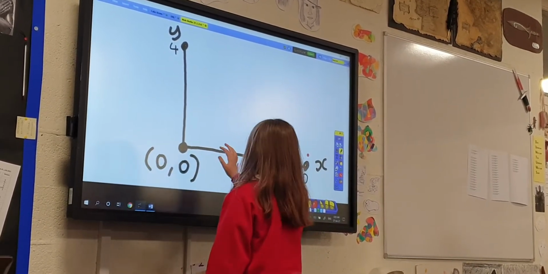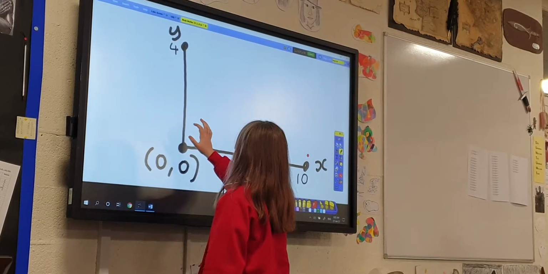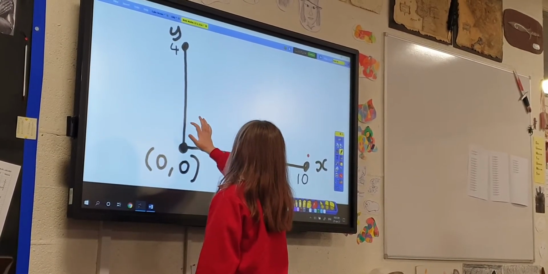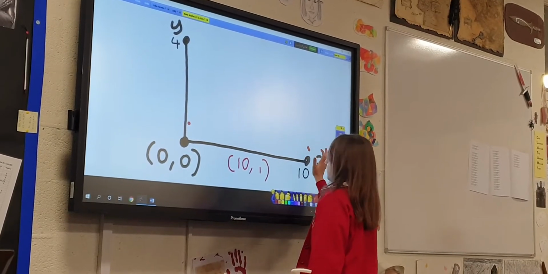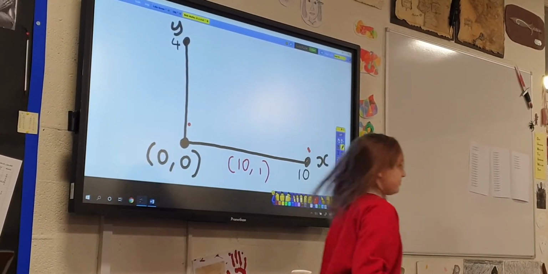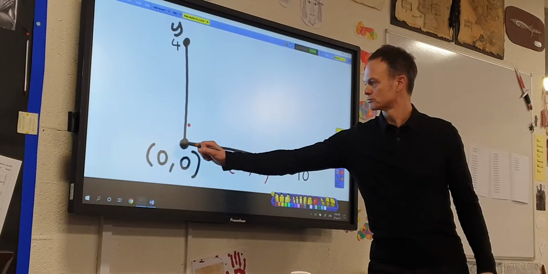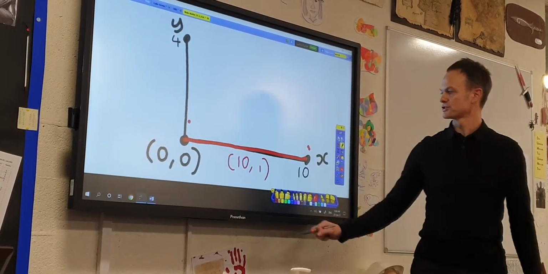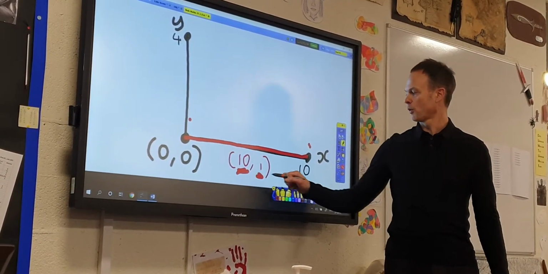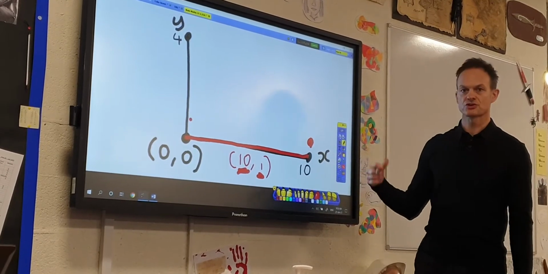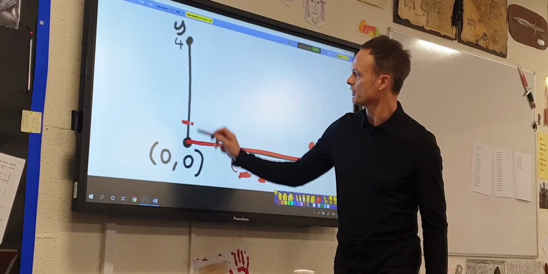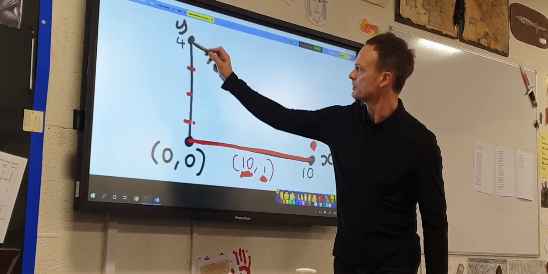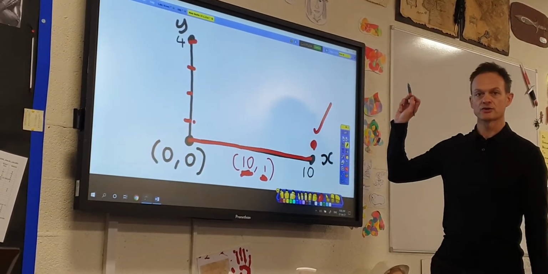That's pretty good. So you've gone 10 along, because our first coordinate is 10. Then she's gone up 1, because our second coordinate, our up coordinate, is 1. Then she's come back here and thought, well, that's 1 up, that's 2 up, that's 3 up, that's 4 up. Pretty accurate, I would say.